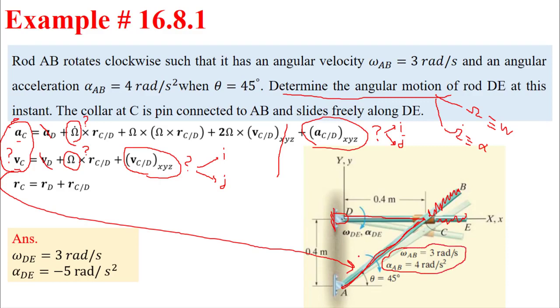Everything is given. So we'll start from this link, from the most given information link. Okay, find these 2 unknowns and then move to link DC. We'll have 4 equations with 4 unknowns. Then the problem will be solved.